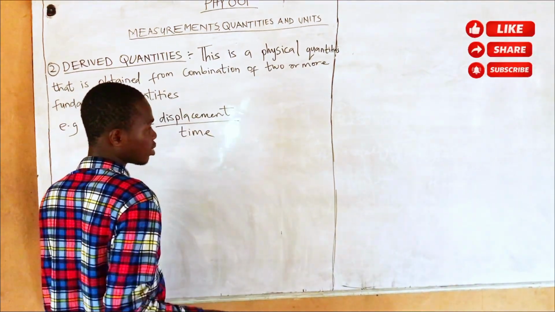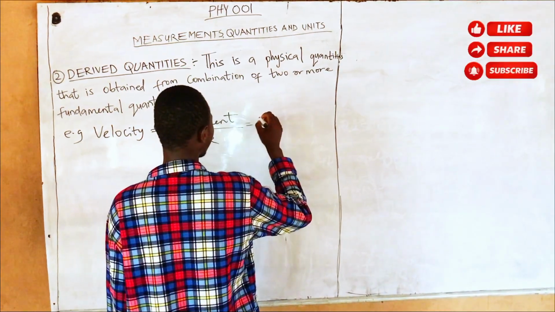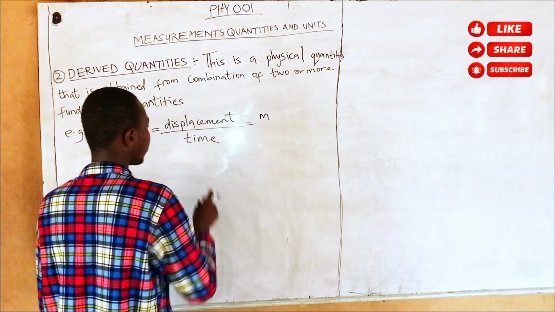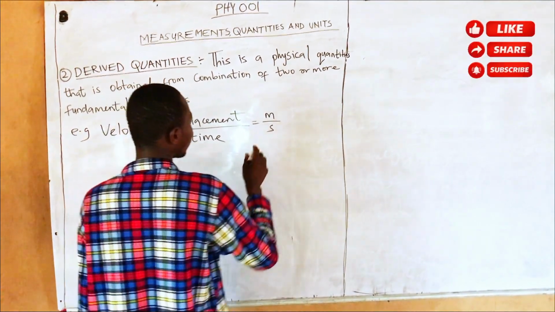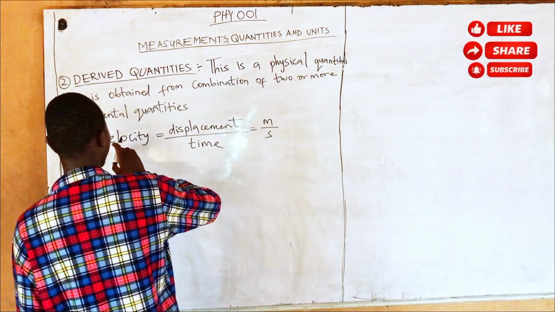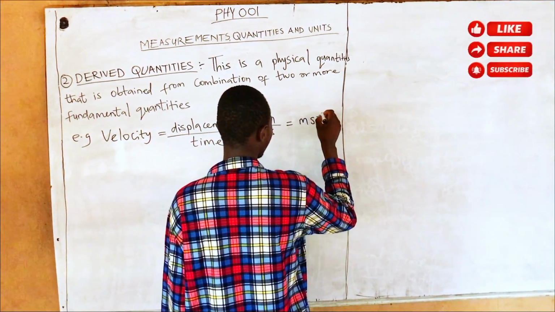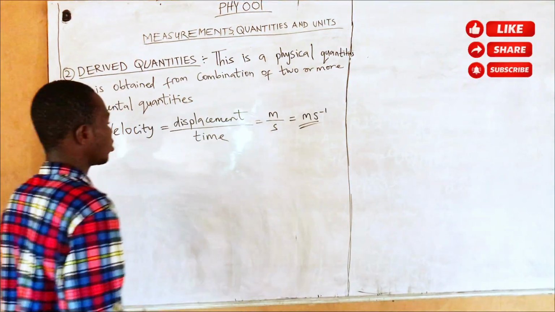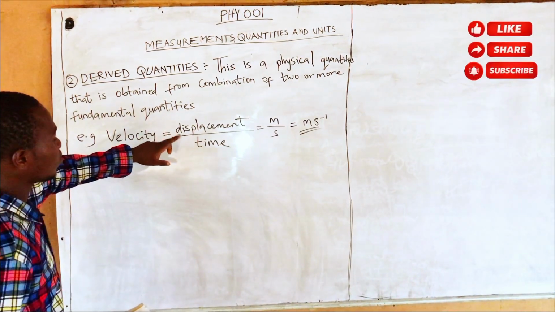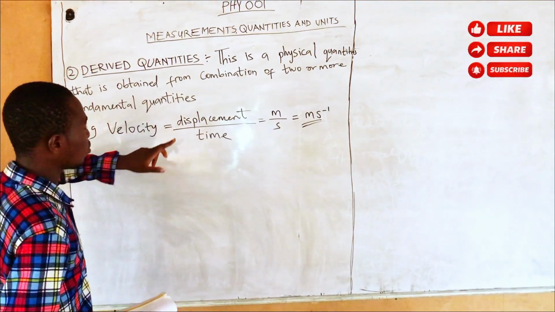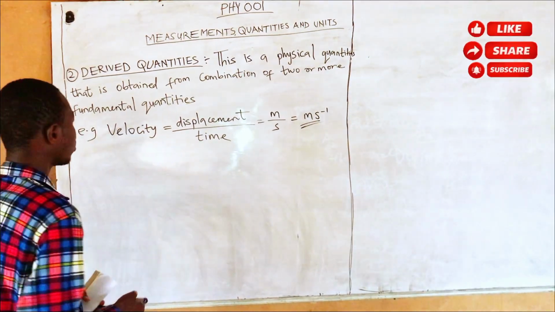Displacement is also distance, and the unit of distance is meter, while the unit of time is seconds. So we can say that the unit for velocity is meter per second. This is a derived unit, because it's gotten from fundamental quantities: this is a fundamental quantity, this is also a fundamental quantity, so velocity is a derived quantity.